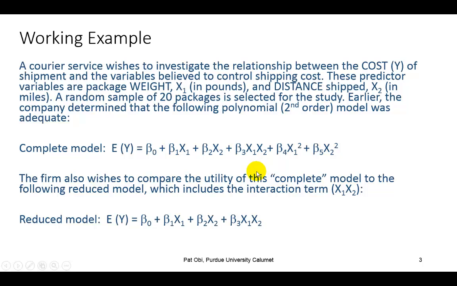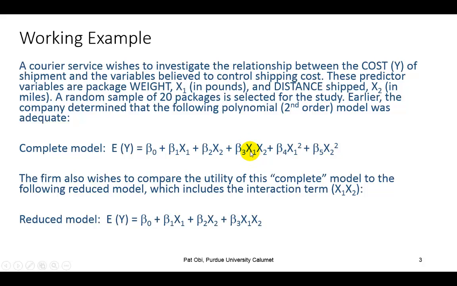Additionally, we're introducing three transformations, three terms. The first is an interaction term, x1 times x2, which is a way of trying to capture the combined effect, if that exists, of distance and weight.